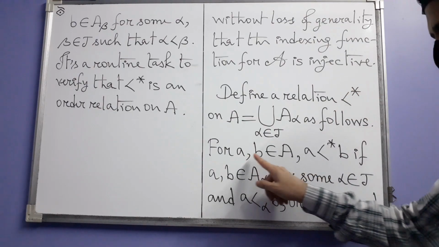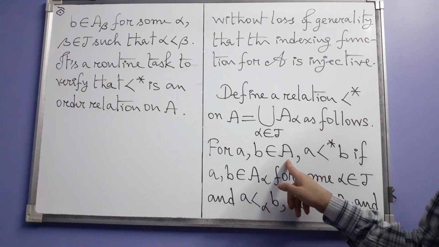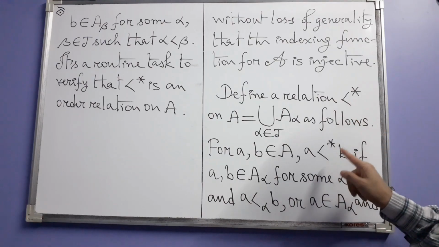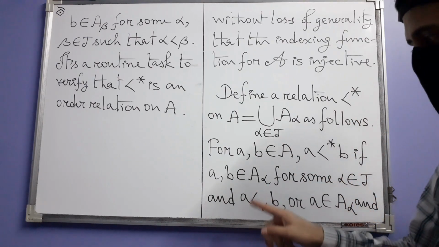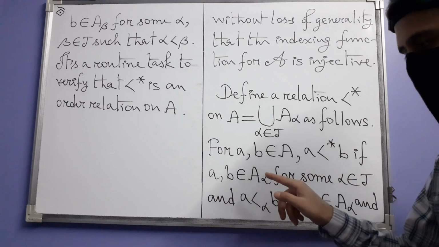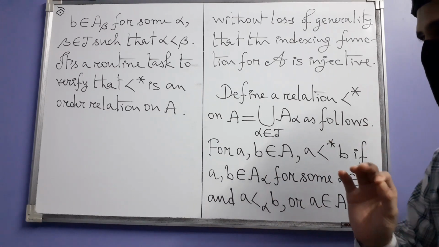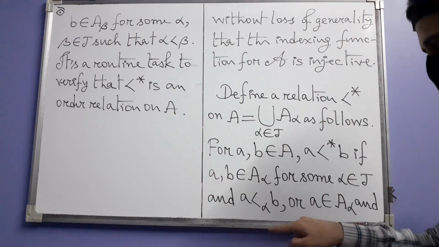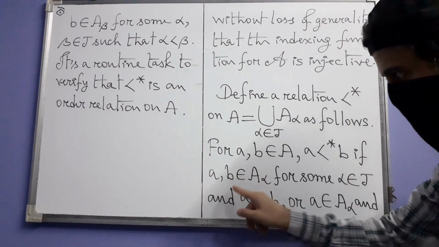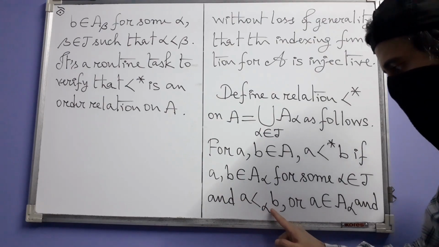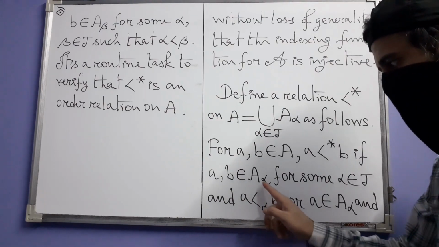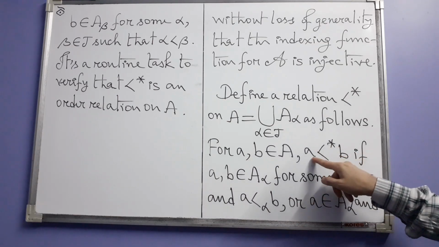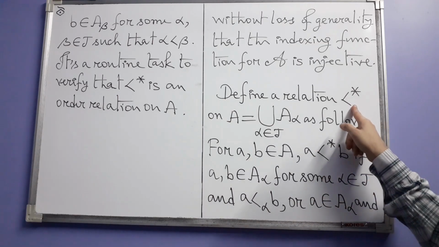You take two elements a and b from A. We would call a less than b with respect to this relation if a and b belong to the same A alpha, the same set of our family for some alpha, and within that A alpha, a is less than b with respect to the ordered relation that we have on A alpha. If that happens, then we would say that a is less than b with respect to the new relation.